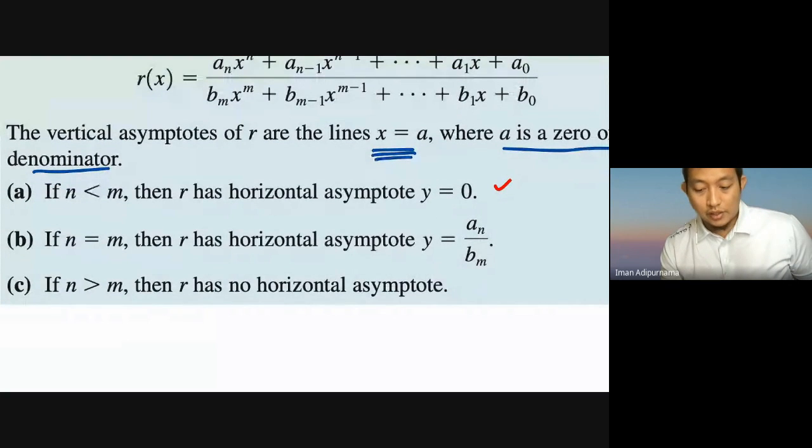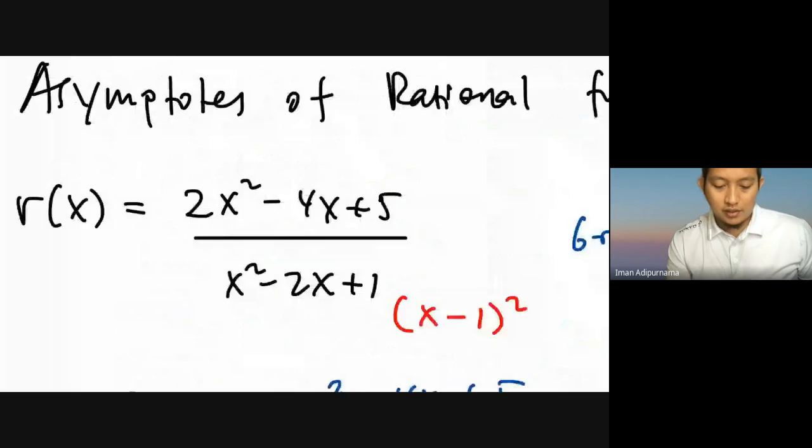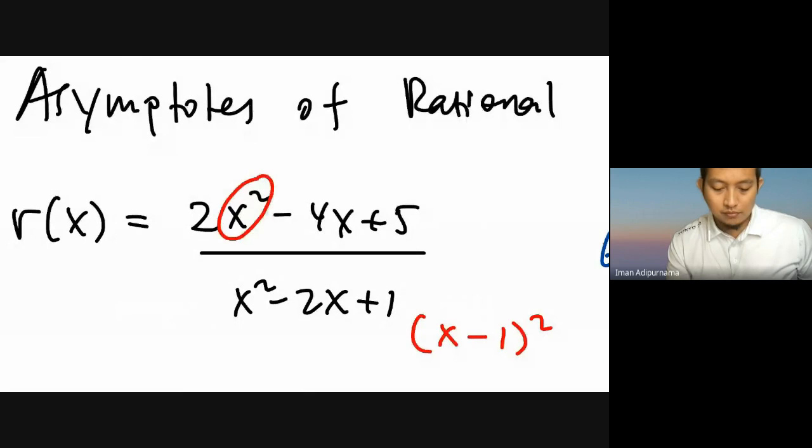And if n equals m, then you have a over b. It's actually what we have done here. So whenever you see this, because it's the same, we can say directly without any calculation that y equals 2 is the horizontal asymptote.